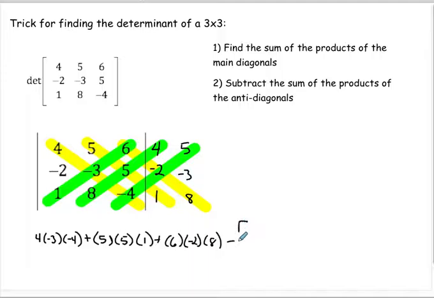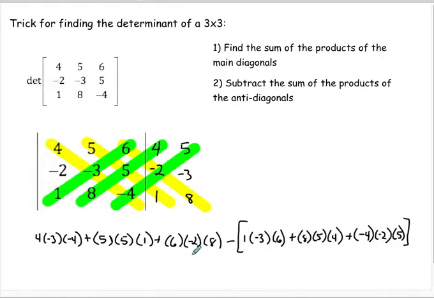So I'm going to subtract 1 times -3 times 6, added to, that's the first diagonal, added to 8 times 5 times 4, added to -4 times -2 times 5. Okay. So the sum of those 3 products subtracted from the sum of the first 3 products.